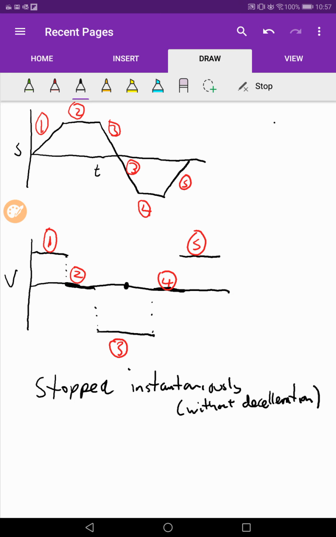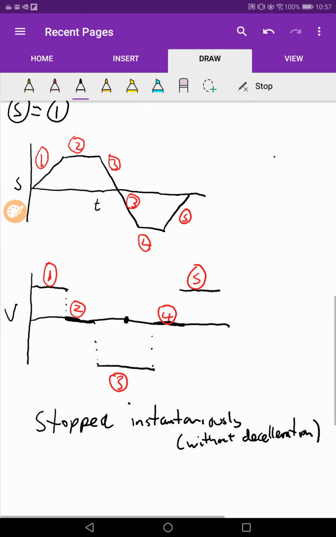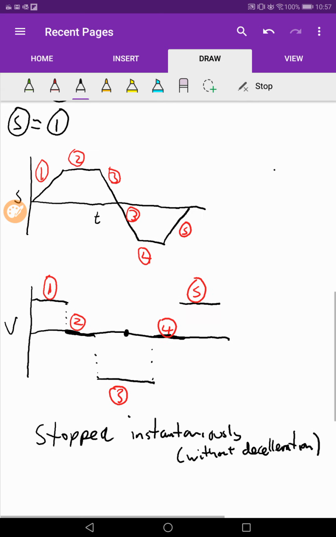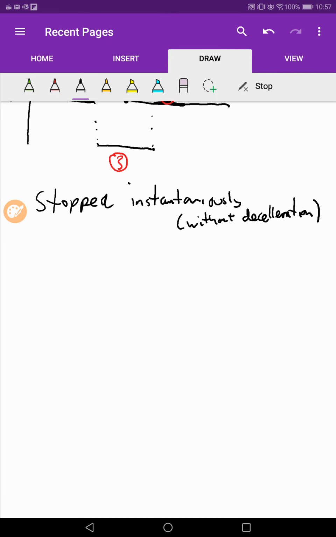But in reality, we do have acceleration and deceleration. So let me just show you what they look like on a displacement time graph and a velocity time graph.